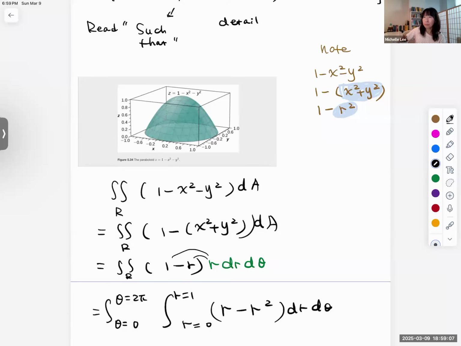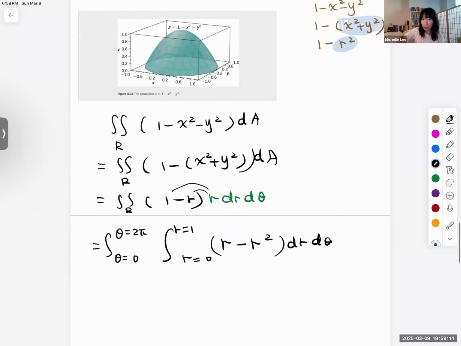Okay, now, oh, missing r squared, yeah? Okay, so this is squared, so then we will have r squared and then r to the third power.